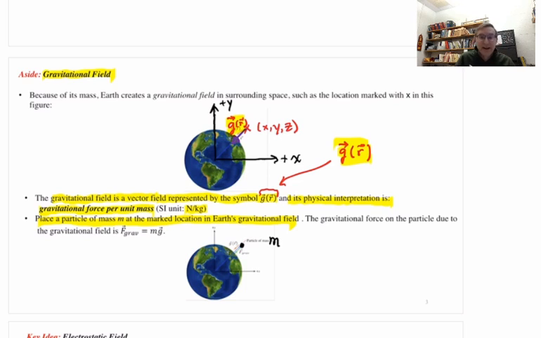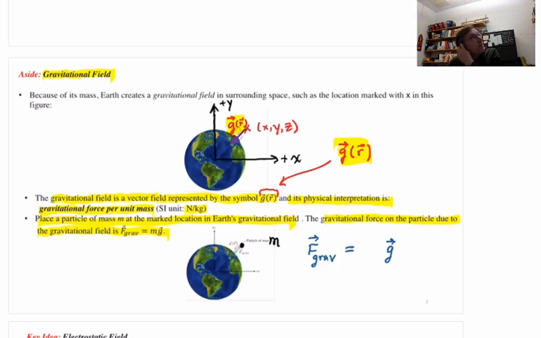It's got some mass m. If I know the gravitational field, G arrow, at that point, and I do from the previous step, then it's easy to get the gravitational force on that pet particle due to the gravitational field. F-grav, as we would have called it last semester. Arrow.